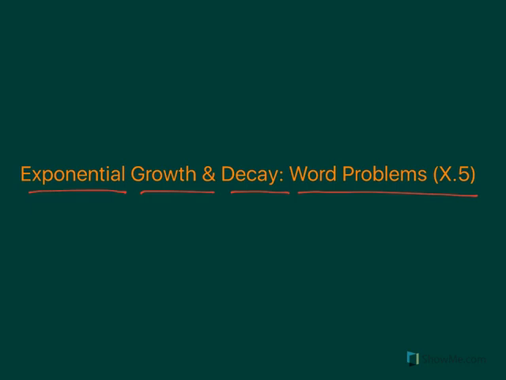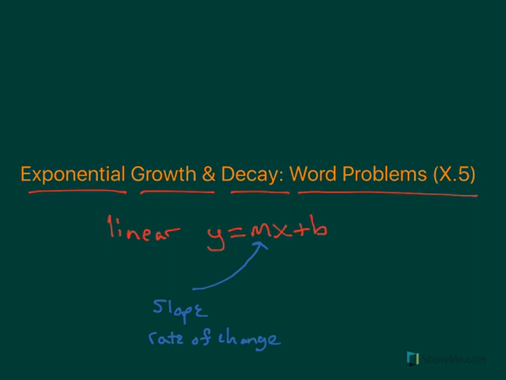So for example, if you had a linear function, y equals mx plus b, after studying this equation, you automatically knew that this value here was going to be the slope, or the rate of change, and you knew this value here was going to be the y-intercept, or the initial value.